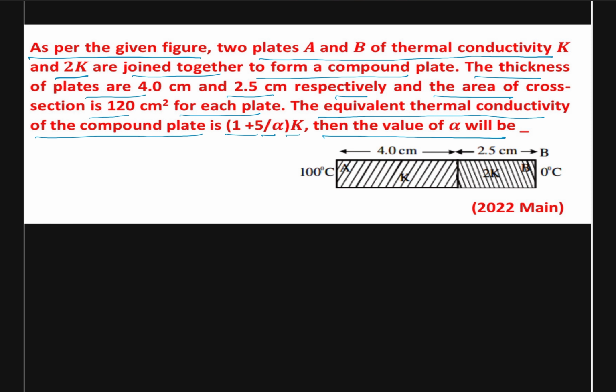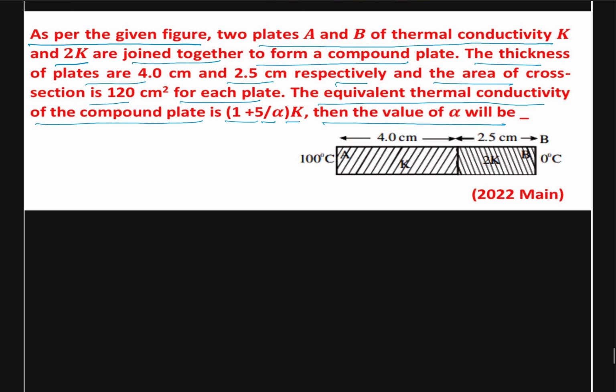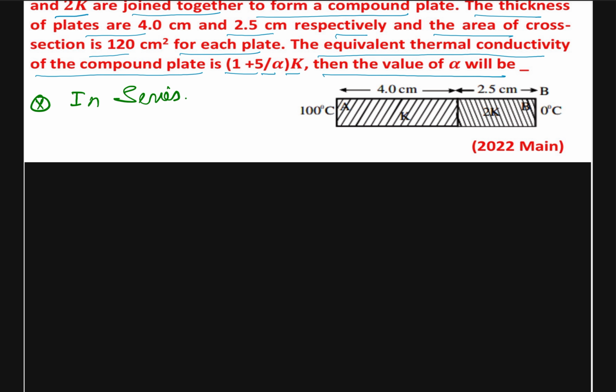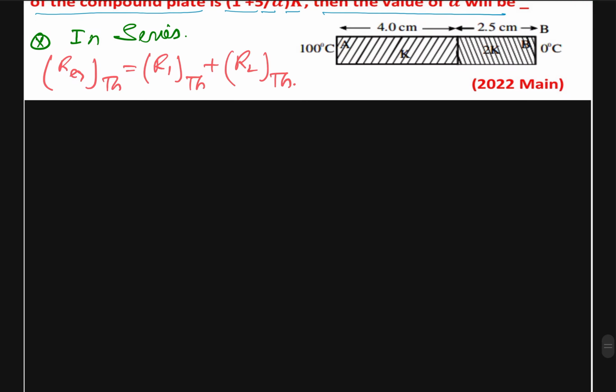So both of them are in series. So we can say the thermal equivalent resistance is equal to the individual combination of their, that is our R_TH1 plus R_TH2. So in series we can write that thermal equivalent resistance, R equivalent thermal, will be equal to R1 thermal plus R2 thermal.